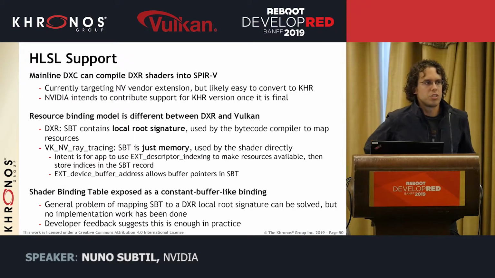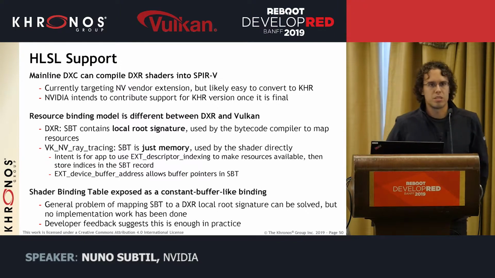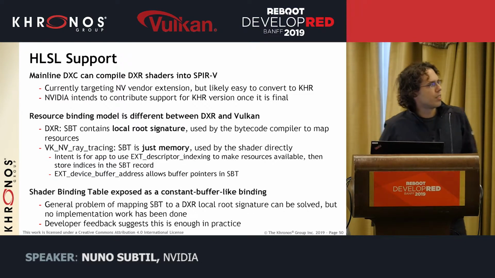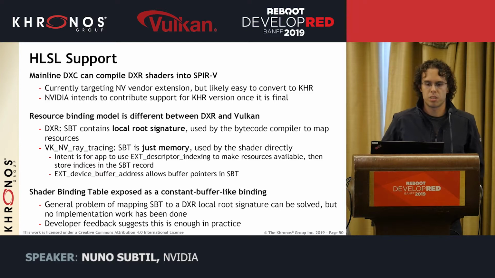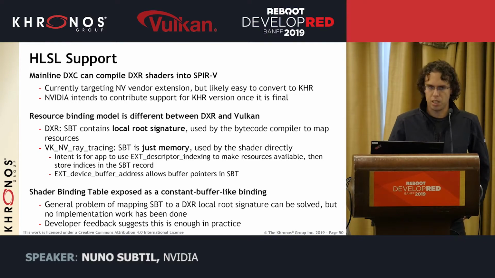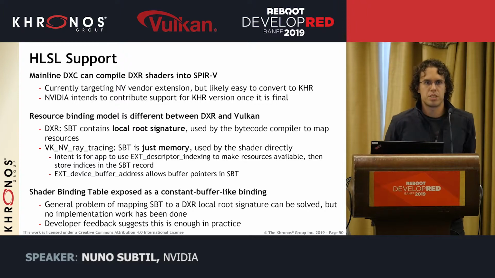So I talked a lot about GLSL, but I know that in the games industry in particular, HLSL is a lot more popular. In the DirectX shader compiler, Google has built a backend that generates SPIR-V in DXC, and this is part of mainline DXC in the Microsoft repo. And NVIDIA recently contributed support for generating SPIR-V from DXR shaders that targets the NVIDIA ray tracing extension.